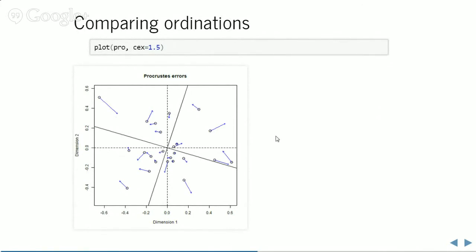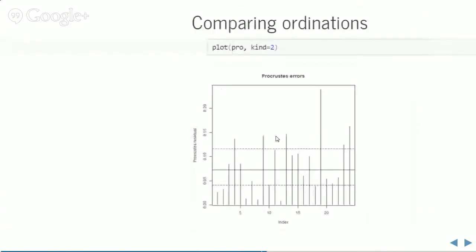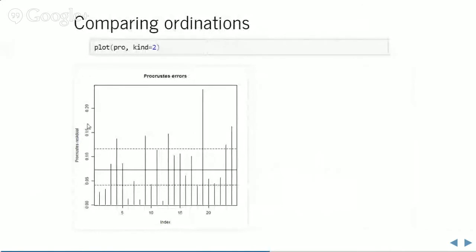And that'll work for any, you can compare an MDS ordination with PCA, the first two axes of a PCA. It's very flexible in what it allows you to compare. You can also look at those differences as a function of your sites, if you wanted to get more detail about which sites exactly were the problem ones, the really different ones.